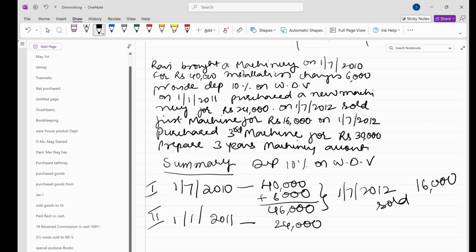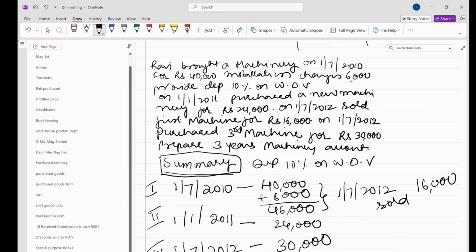So till 2 years they kept the machine, and in 2012 they sold it for 16,000. And on the same day, they purchased another machine, that is the third machine, for 30,000. This is the summary.